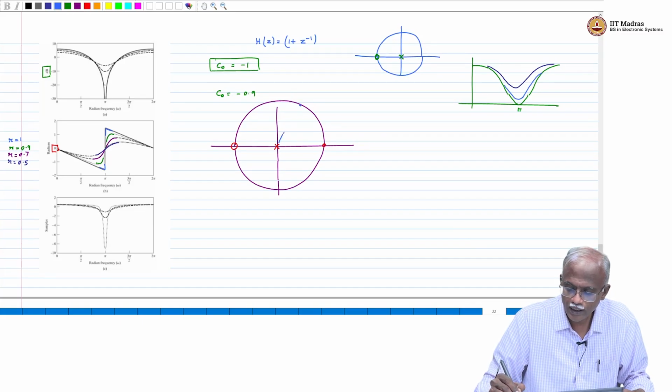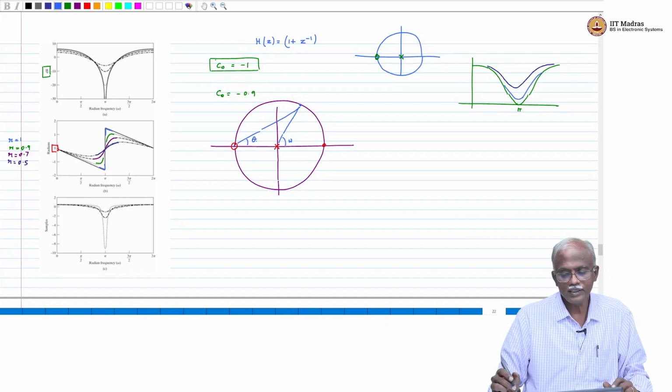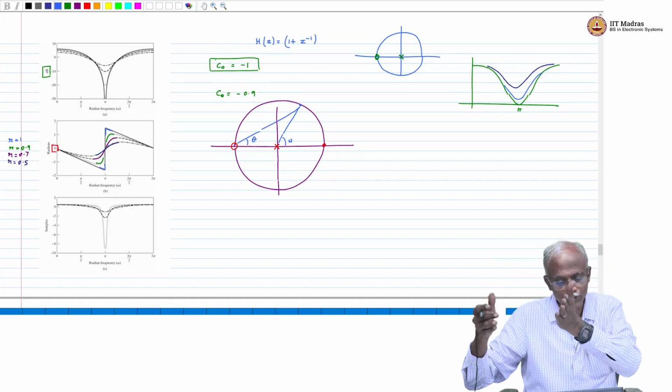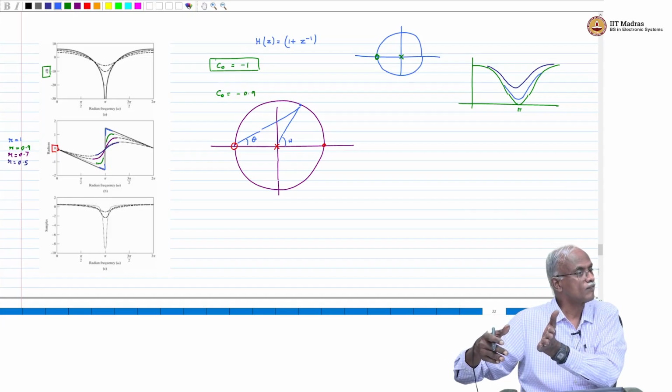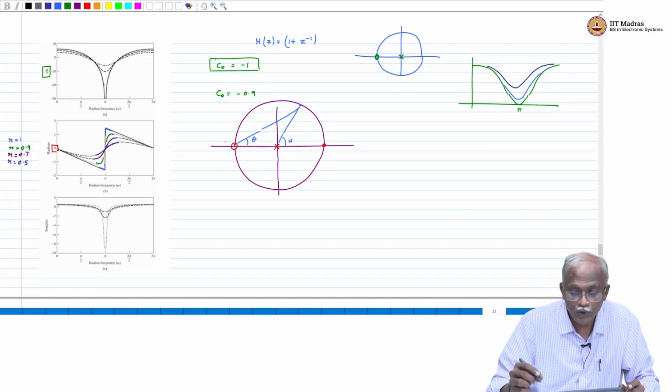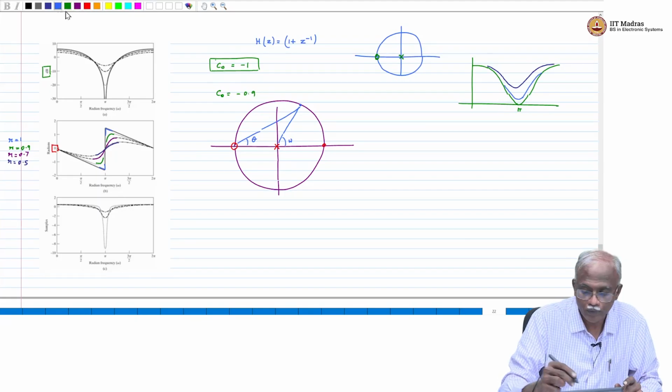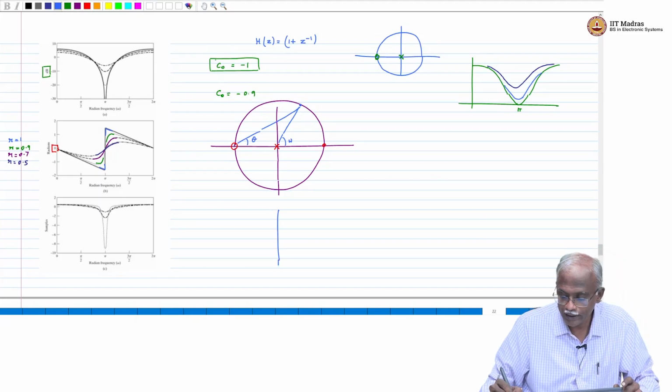This is the angle omega, and this is theta. Notice omega is larger than theta, so basically it's theta minus omega, and therefore it starts to become more and more negative. Now as you approach the 0, it becomes very interesting how you have to analyze this.